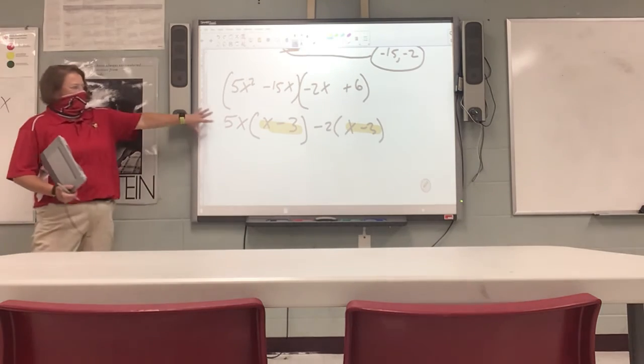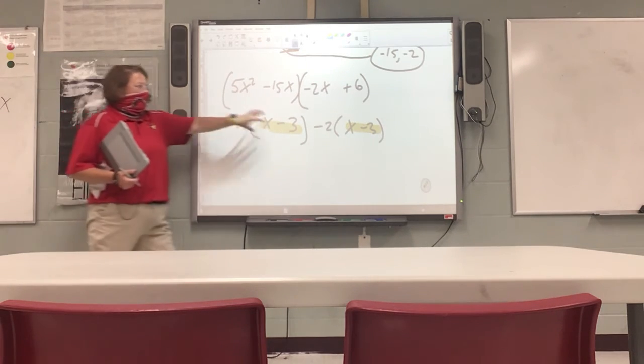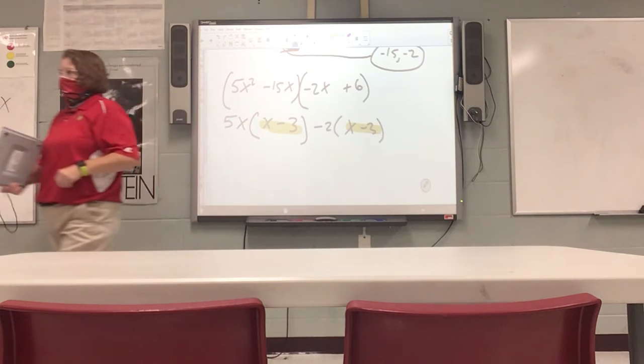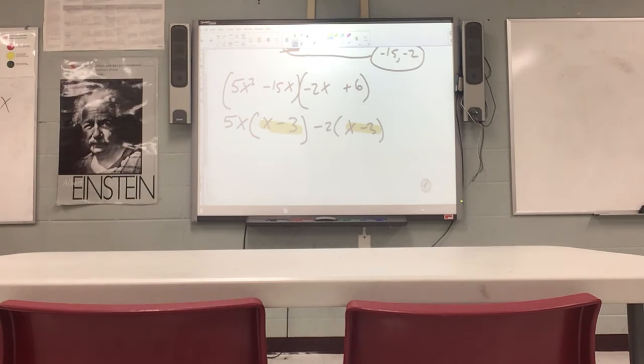So for this line, that whole binomial is gonna be a GCF, so I'm going to take it out. On this side, it had a 5x and an x minus 3. Already took the x minus 3 out, so 5x is all that's left. Over here, I already took the x minus 3 out, so negative 2 is all that's left. That's your final answer.